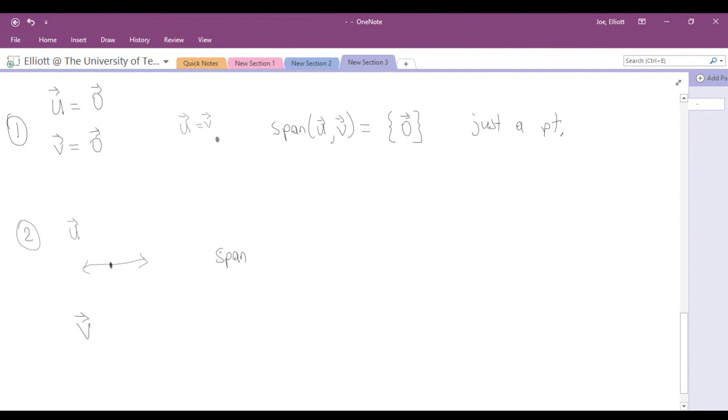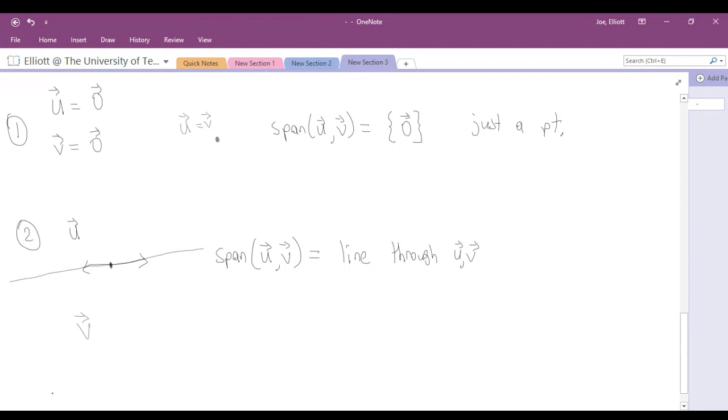In this case, you're not going to form a plane because they lie along this one line. So the span would be an infinite line, the line that goes through u and v.